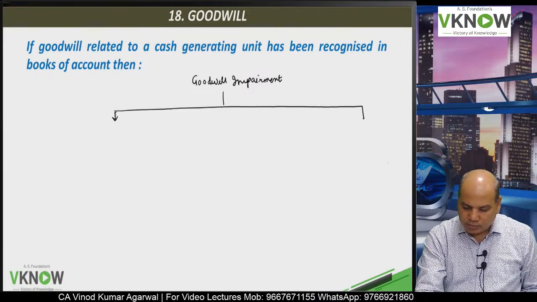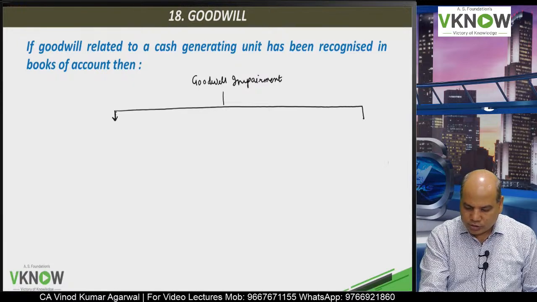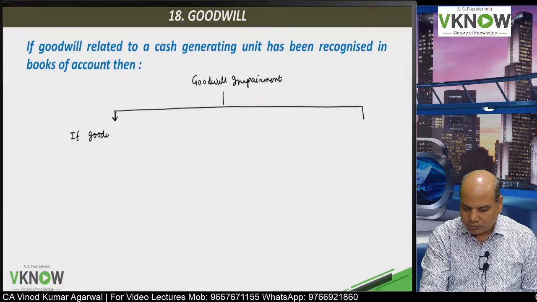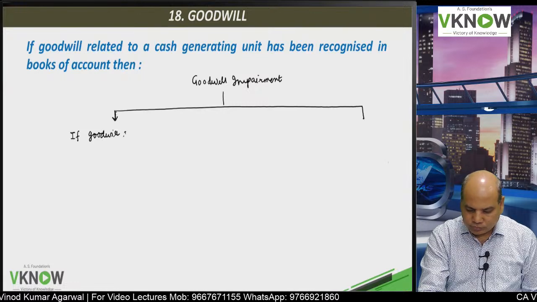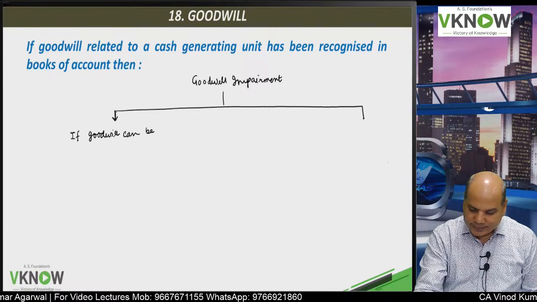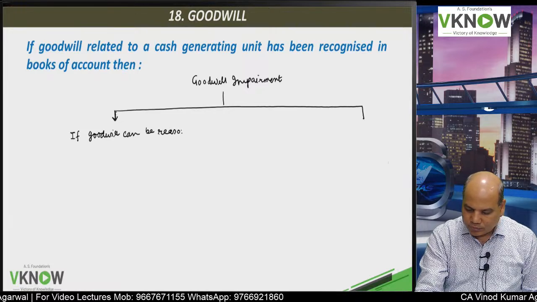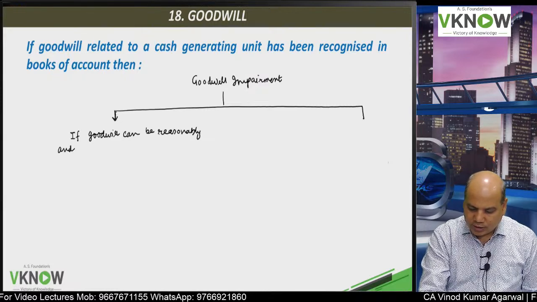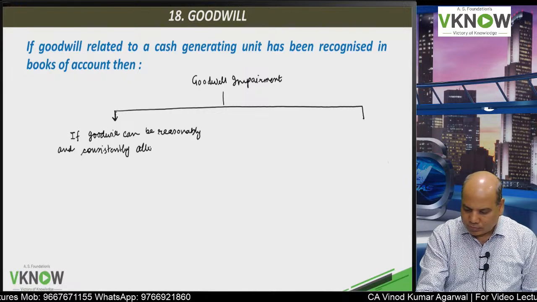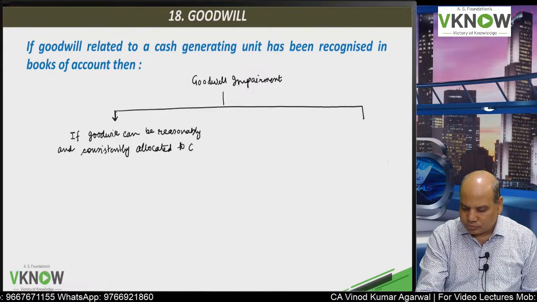First is, if goodwill can be reasonably and consistently allocated to CGU.